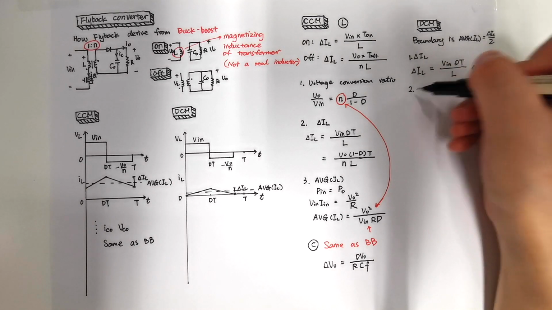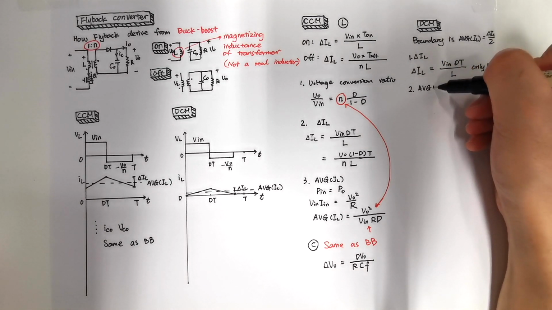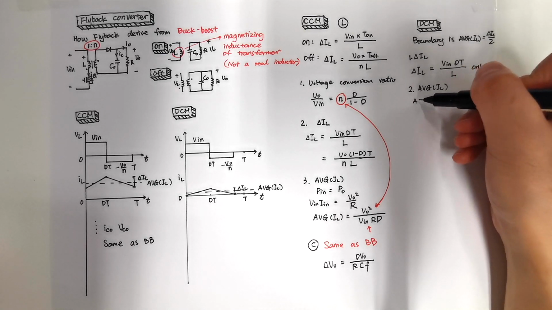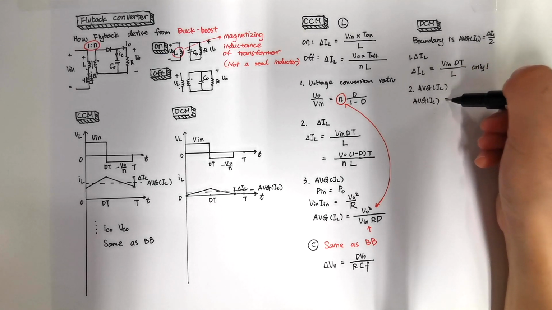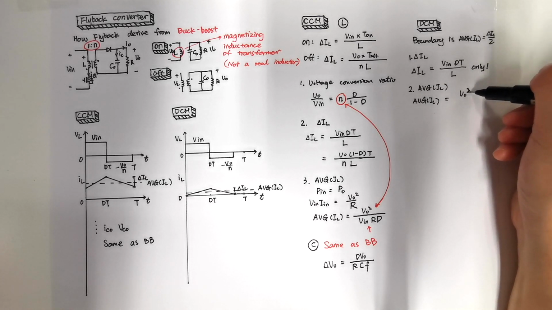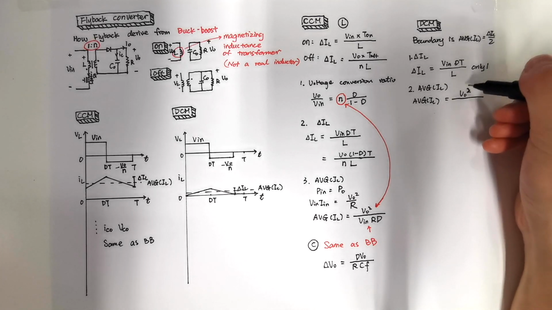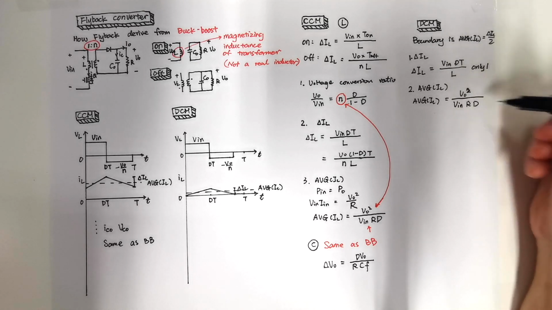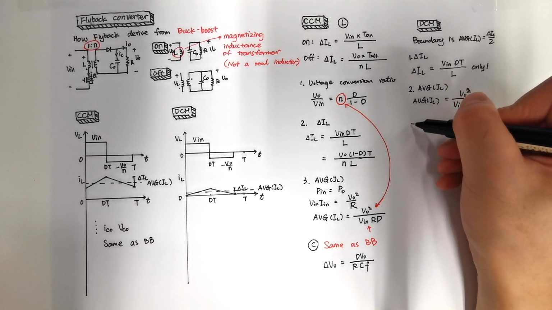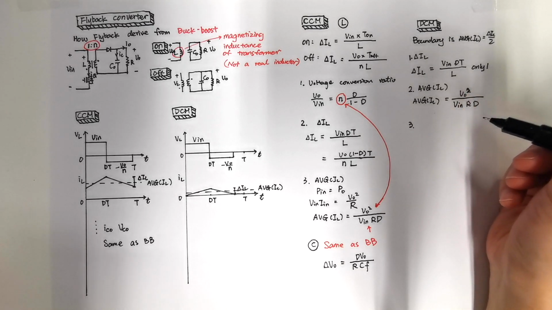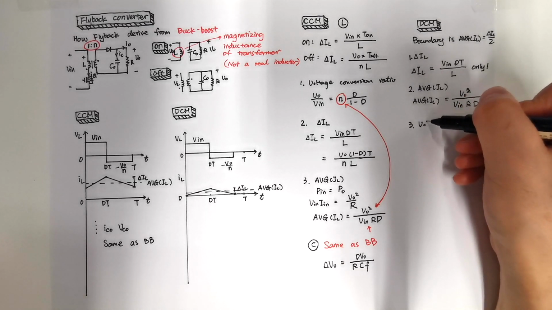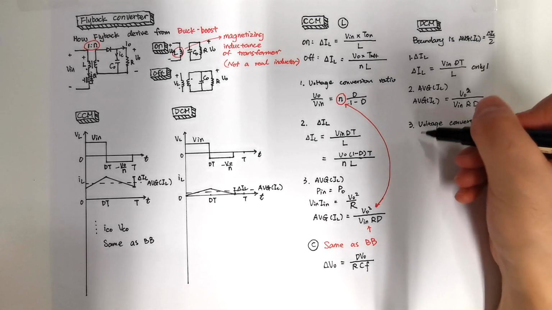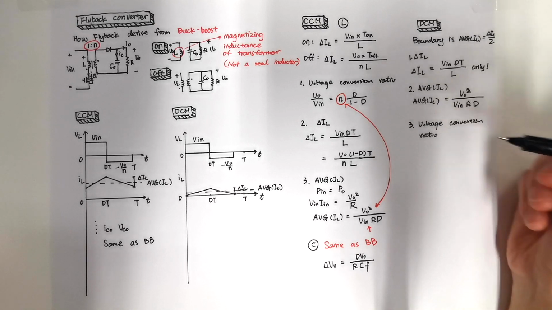And our average inductor current is the same, so the average inductor current equals V out squared divided by V in times R. And we know that when DCM mode happens, the voltage conversion ratio is different.